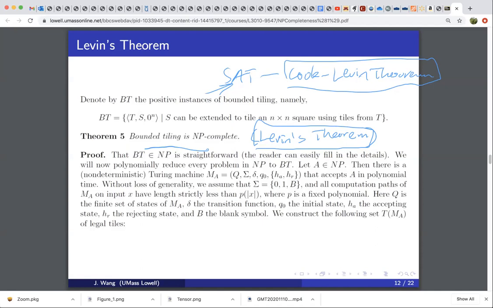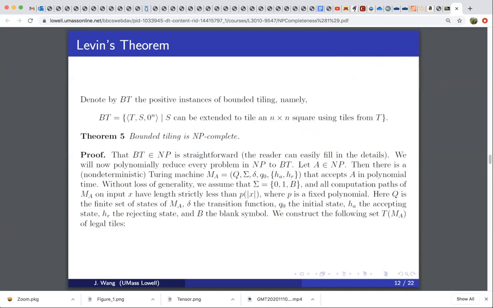All right, now let's see this proof. Let's see how much time I have left. I have 20 minutes, so we should be able to finish this proof. First of all, BT is in NP, which is straightforward: you guess a layout of tiles and then verify whether the common edge of each pair of adjacent tiles has the same label.